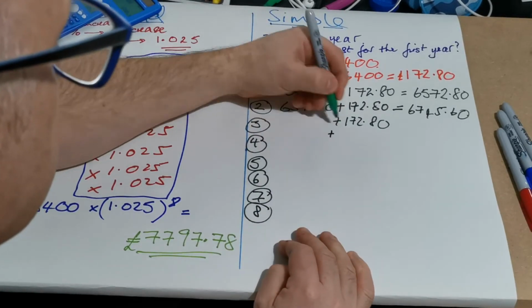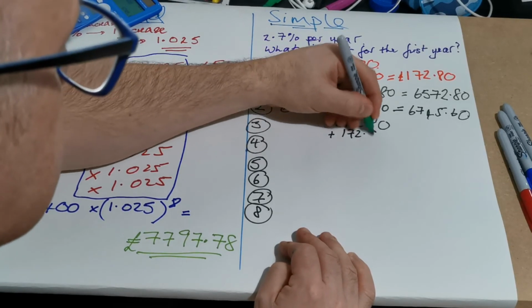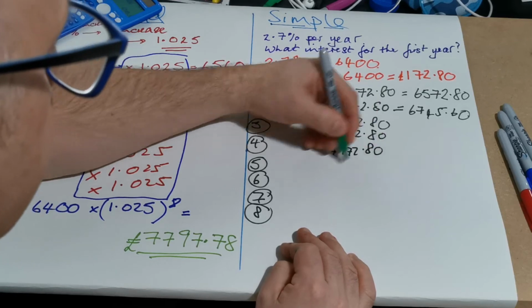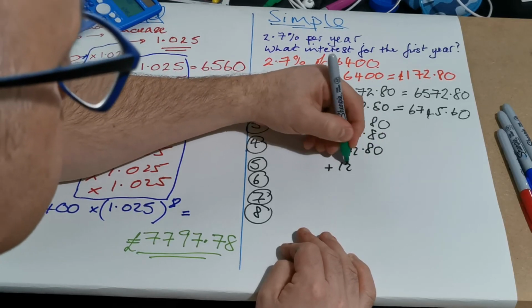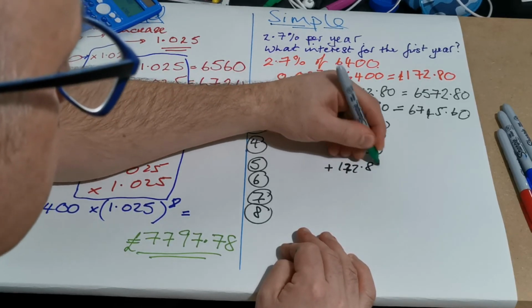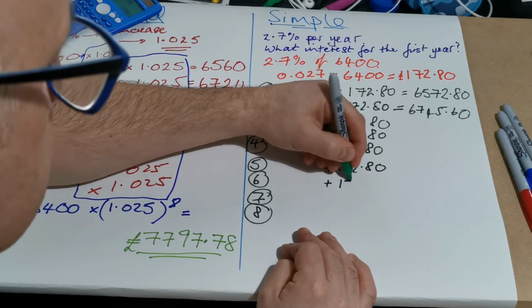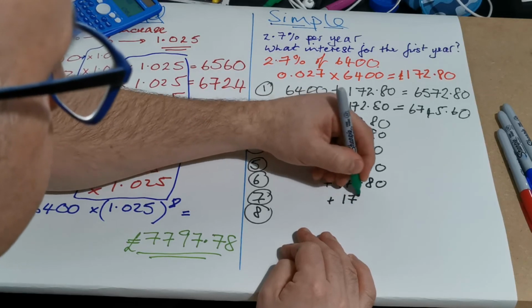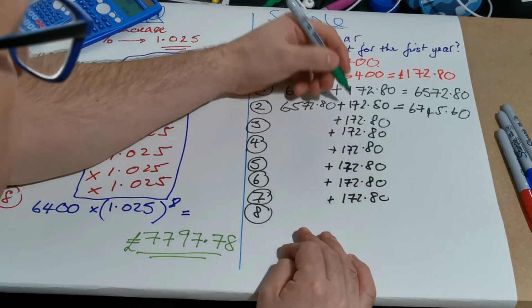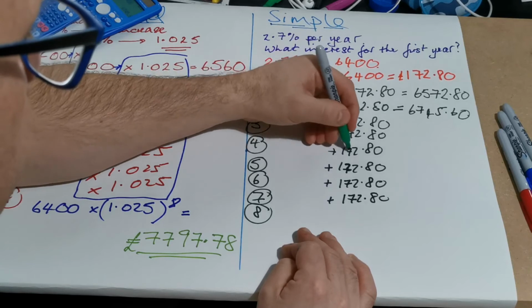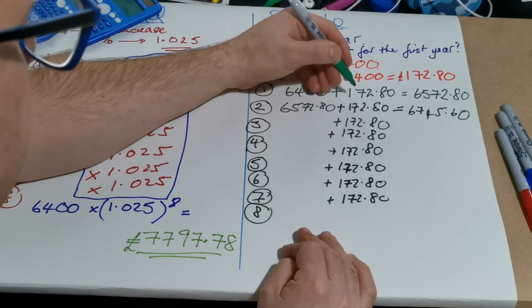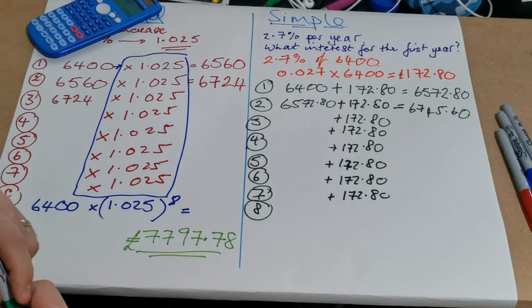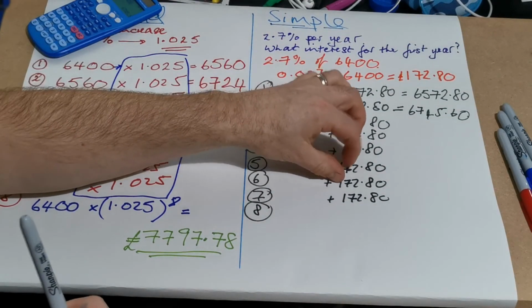So add on £172.80, add on £172.80, add on £172.80, add on £172.80, well, 1, 2, 3, 4, 5, 6, 7, 8. So that must be them all.